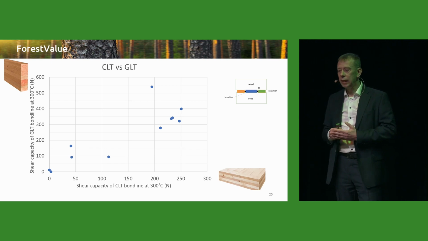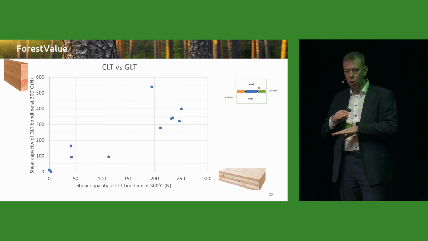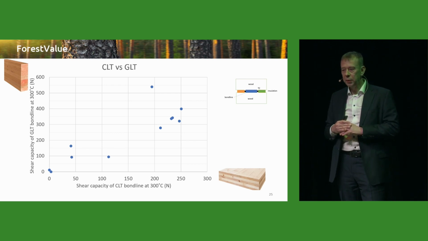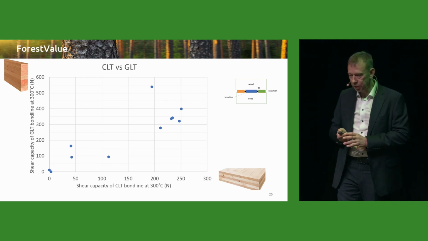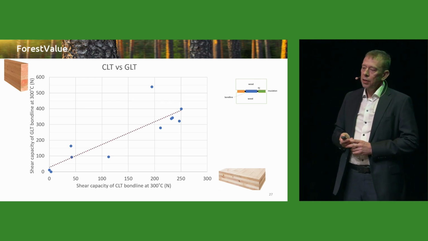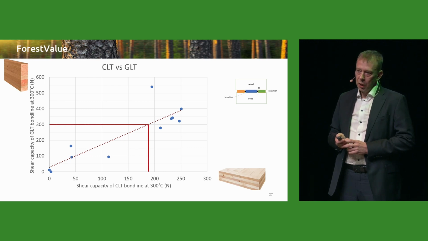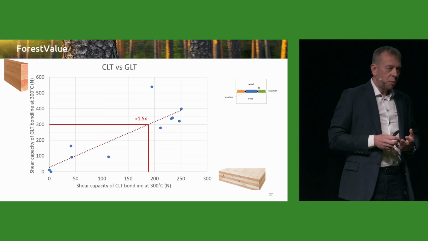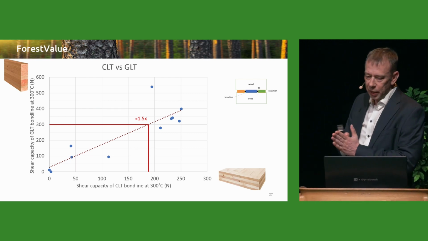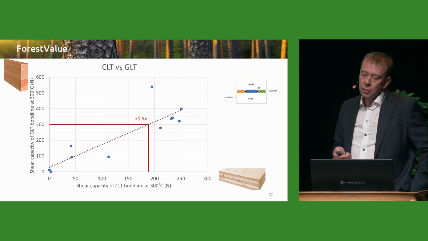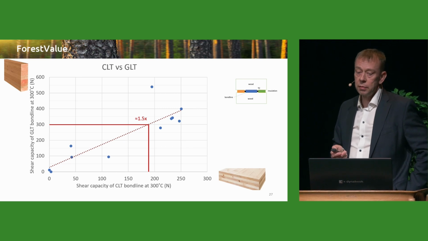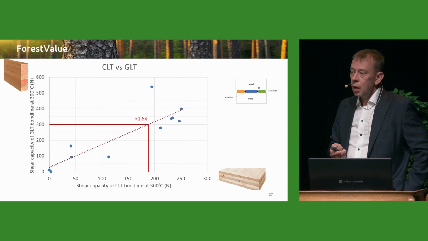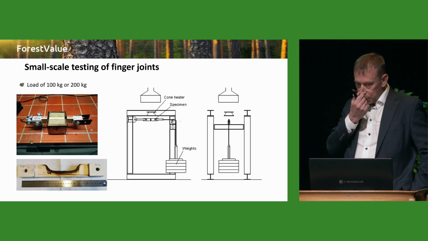On the horizontal axis, you have the CLT or crosswise glued specimens, and on the vertical axis you have parallel glued specimens, so parallel grain direction. And you see the difference here is about 1.5 times, roughly. So the parallel glued specimens, or the bond line, is 1.5 times stronger. That's one finding, logical. This method has quite good repeatability also.